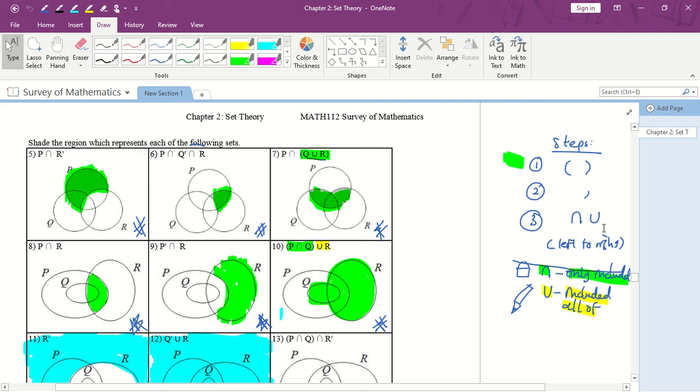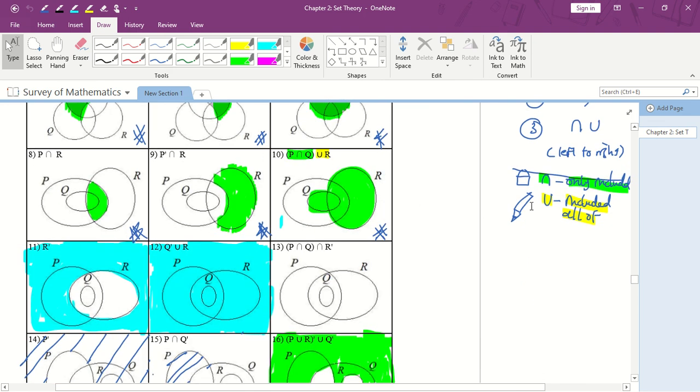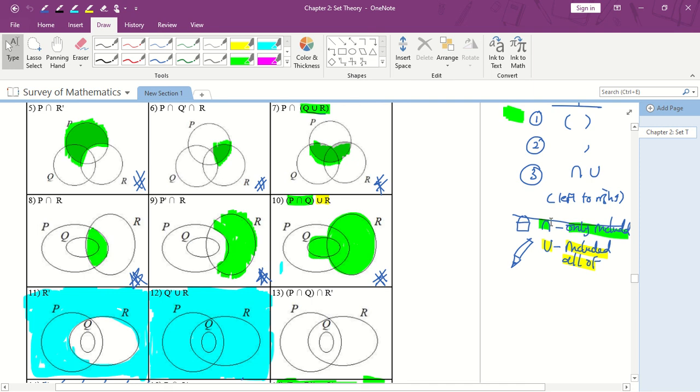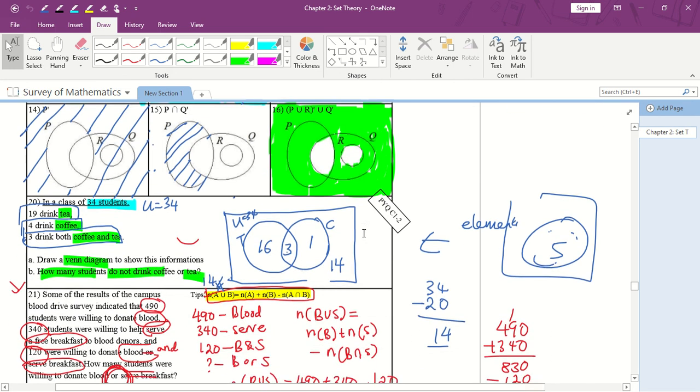Whether intersect or union comes first depends on which one is on the left and which is on the right. When you face intersect, remember the keyword is only included, only that region. If it's union, it means include all of them.